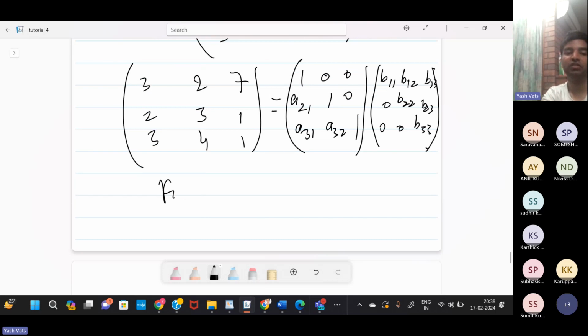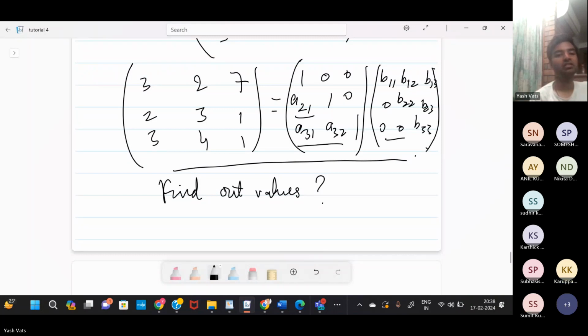This is your work now. Find out the values of A21, A31 from this equation. Everyone solve this and tell me what the values of A21, B11, B12, B13 and so on are. I'm waiting for 5 minutes.